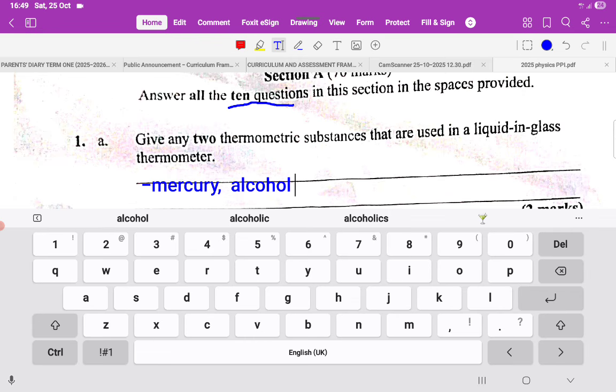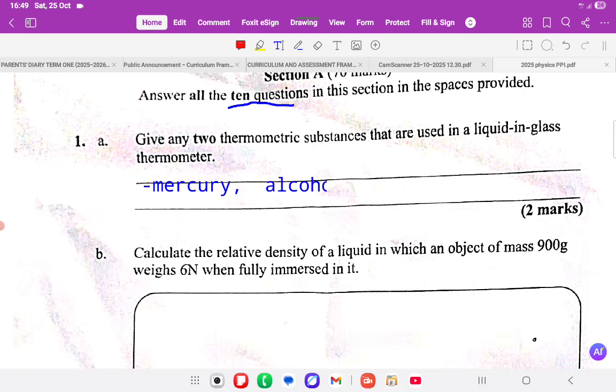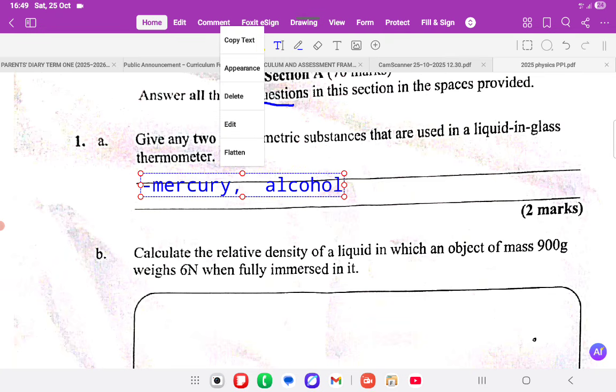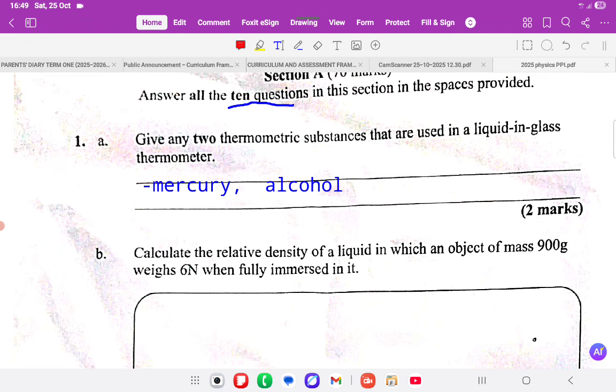Make sure you know these 2. The question is worth 2 marks, so that is 1 mark per point. Very important to note.